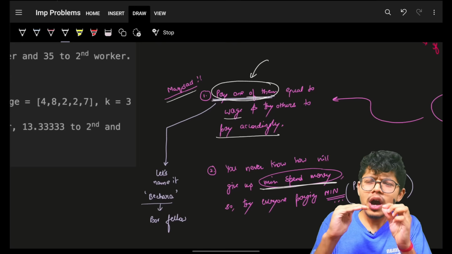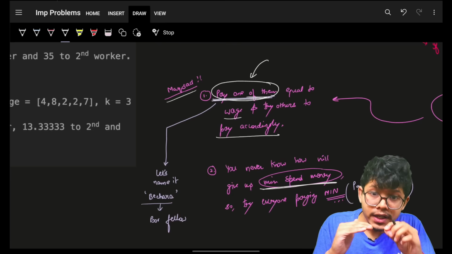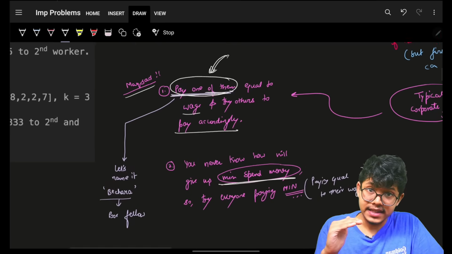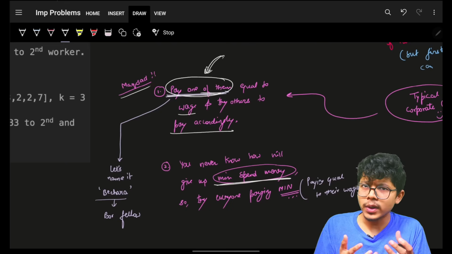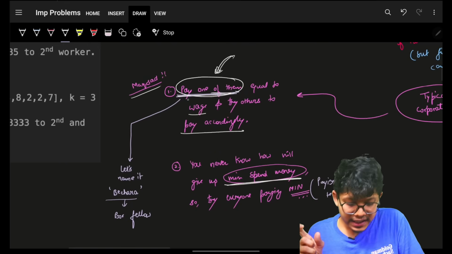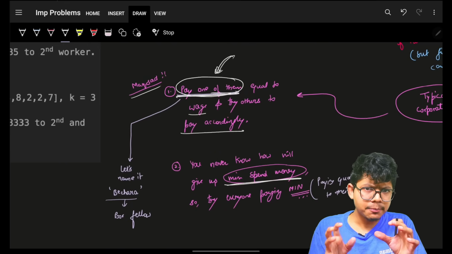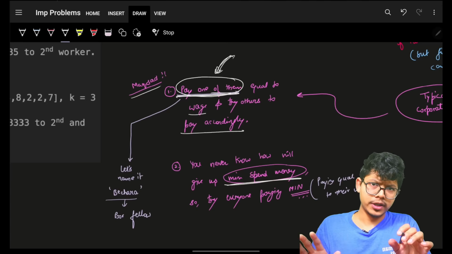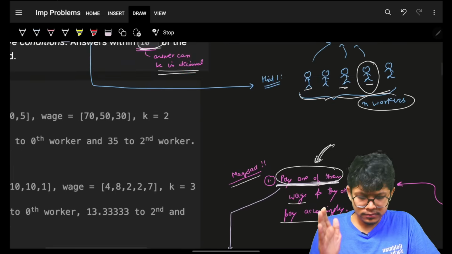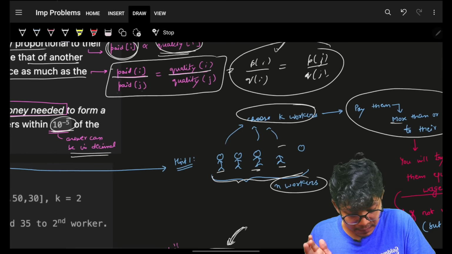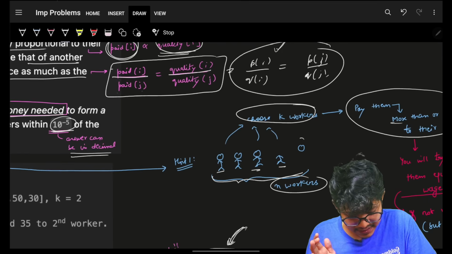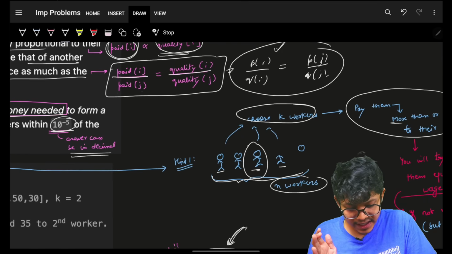But how will I choose who will be the one who gets the minimum? Who will be that one? I will try each person: once he will be the minimum, next he will be the one, next he will be the one.